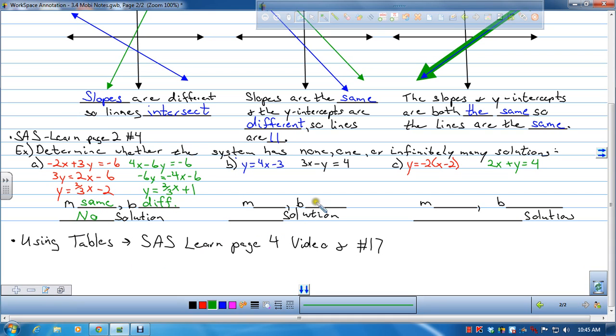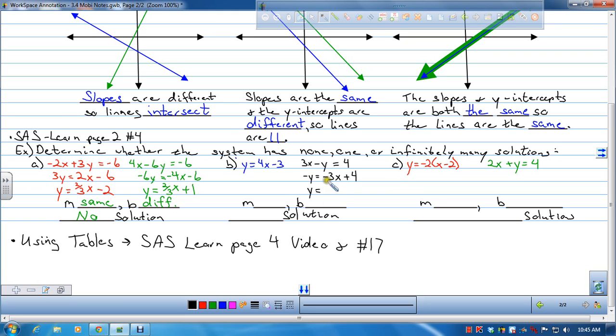Okay? Moving on to this next set here. y equals 4x minus 3, that's already in slope-intercept form, so we don't have to do anything here. Let's move over to the next one and rewrite this. So I'd have negative y equals negative 3x plus 4. I want to solve for y though, not negative y, so I need to divide or multiply, whatever you want to think about it as, by negative 1.